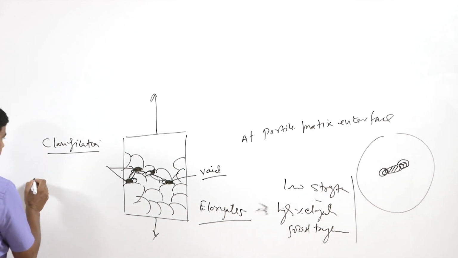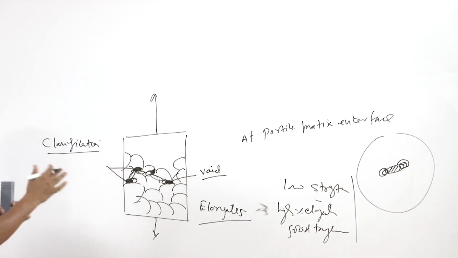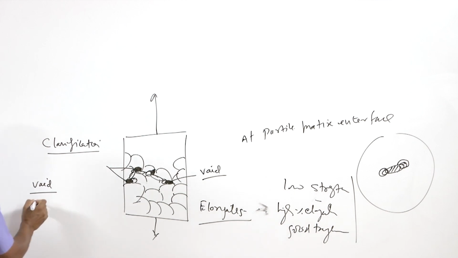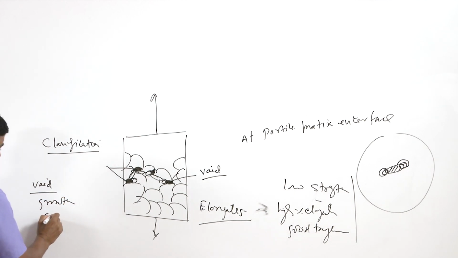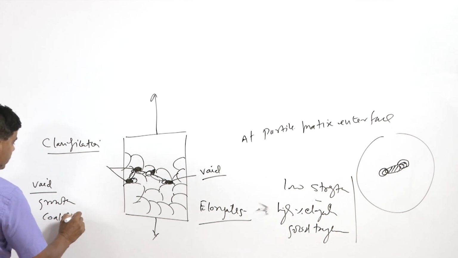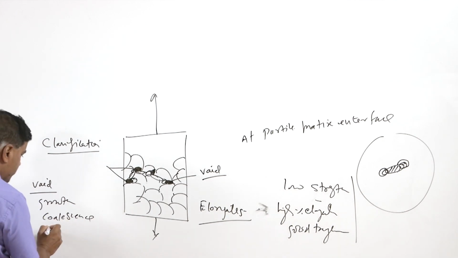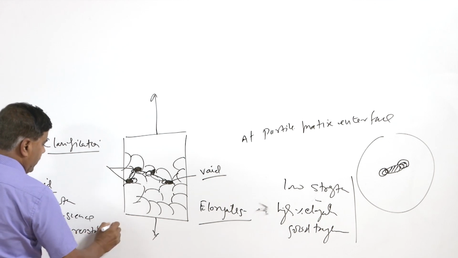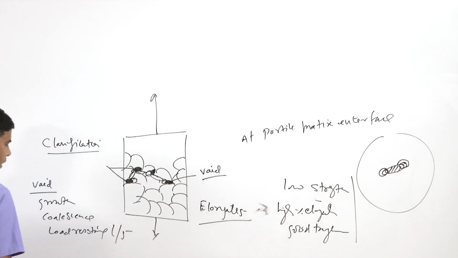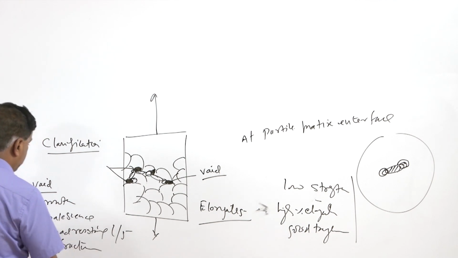So, basically in this kind of mechanism, voids first nucleate at the particle matrix interface, and then they grow, and after the growth their coalescence occurs. Once the coalescence occurs, it reduces the load resisting cross sectional area, and eventually causes the fracture or the separation of the surface.